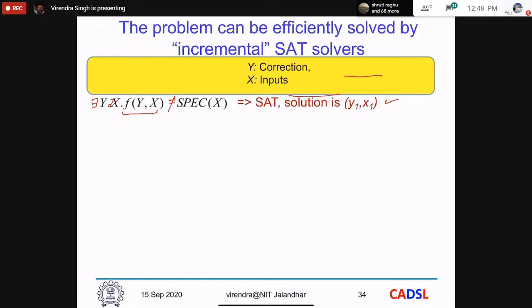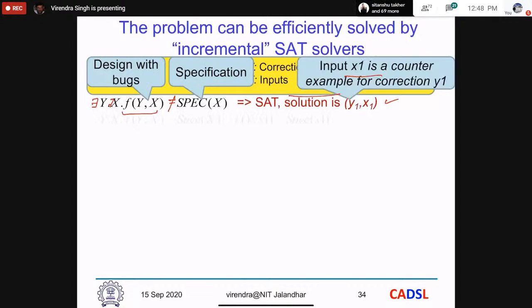Now I go for the next, and in one I'm getting the right. So I have another example. I say there exists a set of y and x such that this is not equal to the spec, but at the same time, from the previous counter example, it should get the right value.